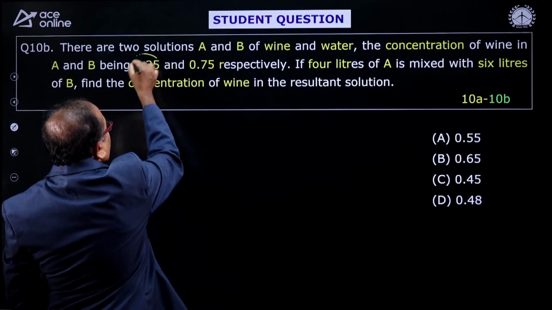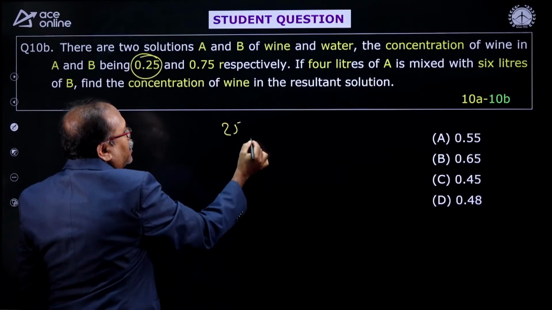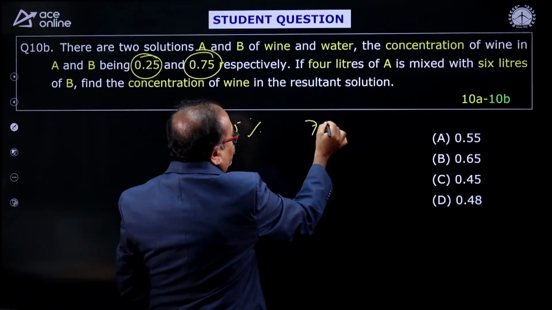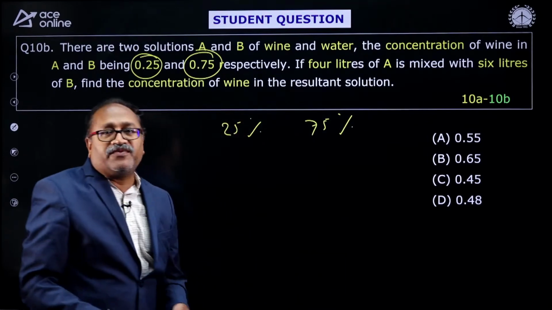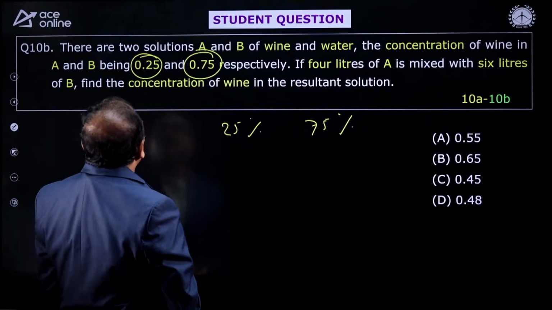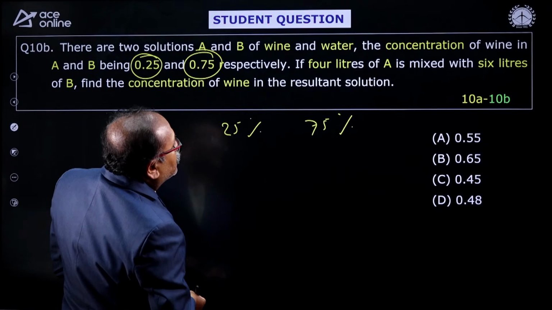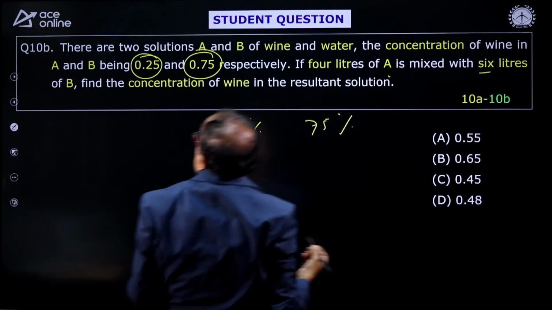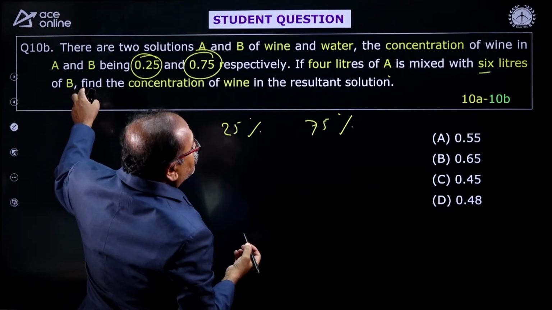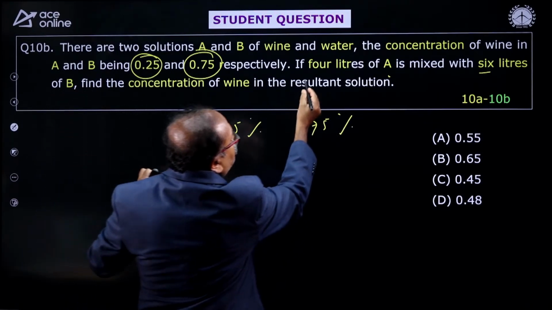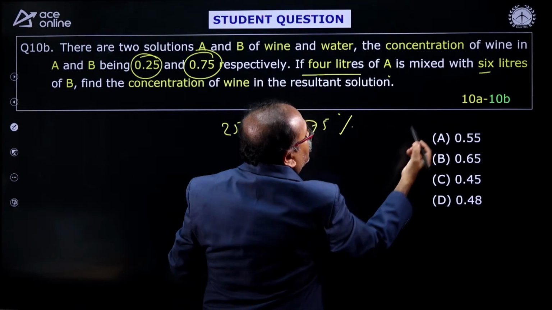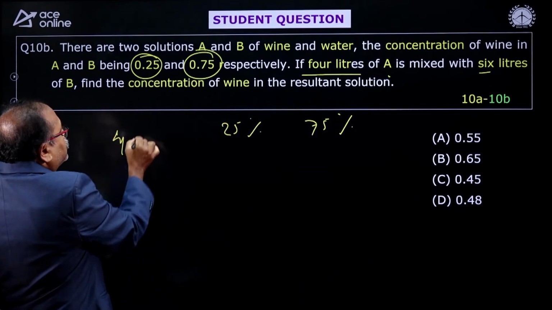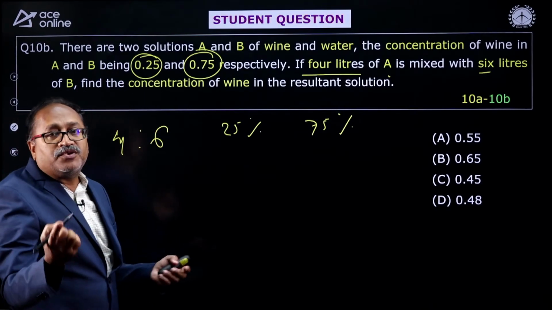So here 0.25 is nothing but 25% and 0.75 is 75%. Now, finally, what I need is that you are taking the mixture of A and B. If 4 liters of A is mixed with 6 liters of B, what is the 4 liters and 6 liters ratio? 2:3.